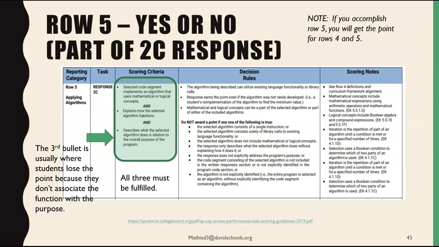I can tell you from all the teachers that I have read on the grading group that I'm in, the ones that grade Create state out and out, the reason why kids usually lose the point for row 5 is because they don't do bullet 3. They can do bullets 1 and 2, but they don't do bullet 3, and you need to make sure you do bullet 3.